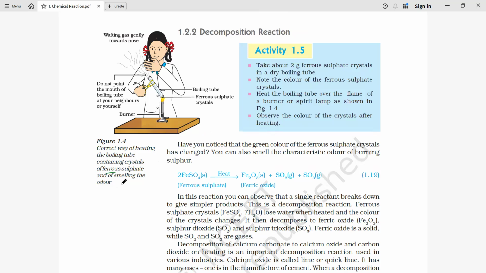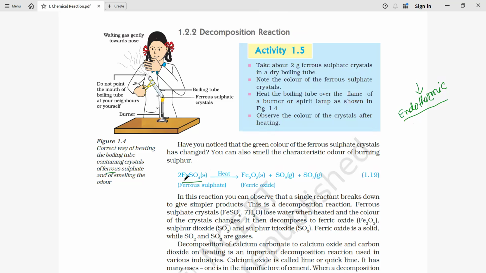So when you give the heat, that will be called an endothermic reaction. पहले क्या था? कॉम्बिनेशन में हीट प्रोड्यूस हो रहा था, that was the exothermic reaction. और यहाँ decomposition में we are giving heat from outside the system. तो ये क्या हो गया? Endothermic reaction.